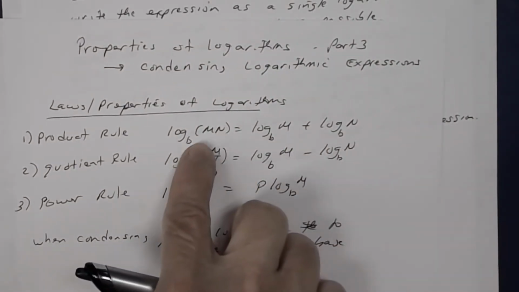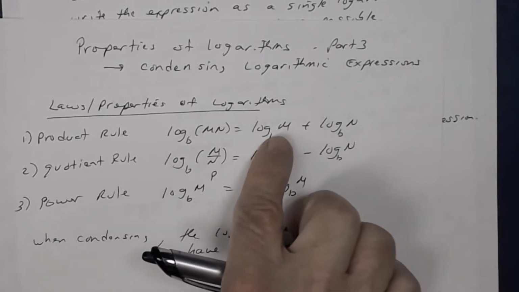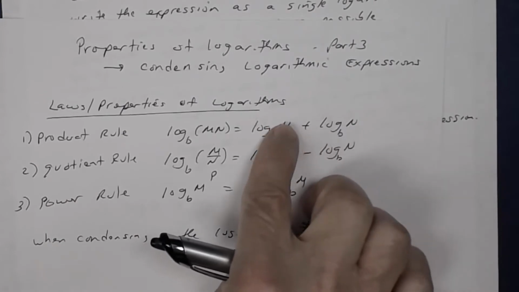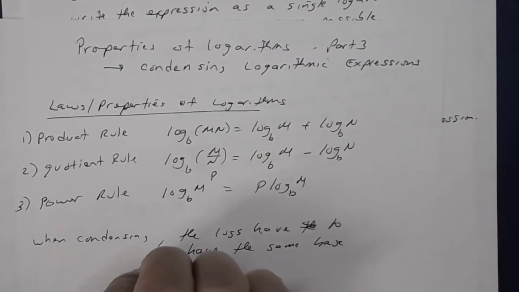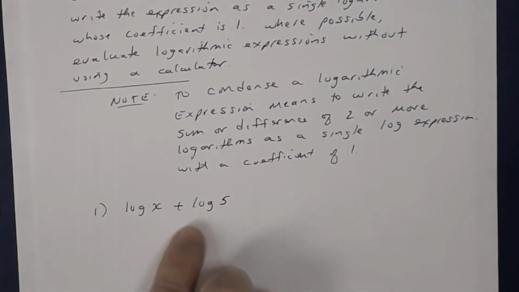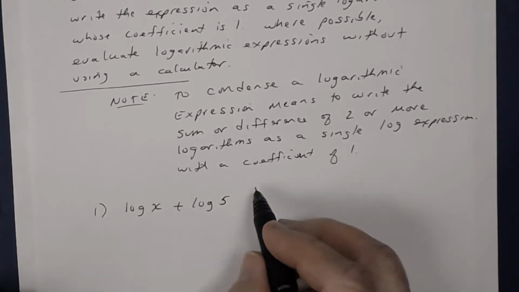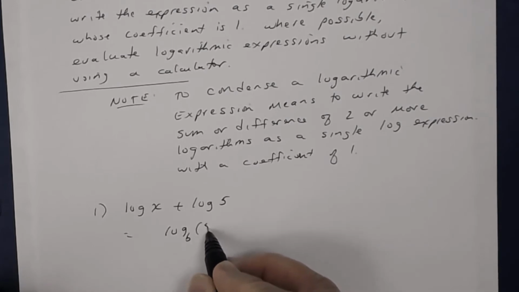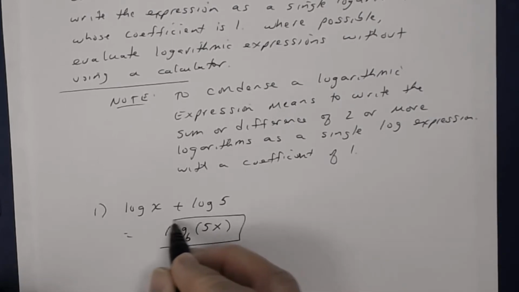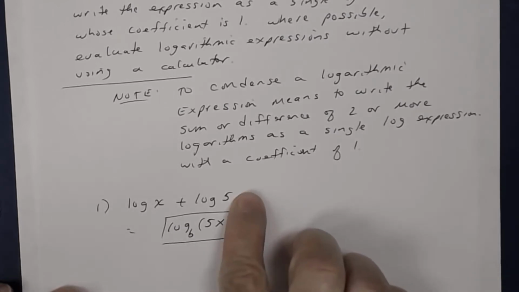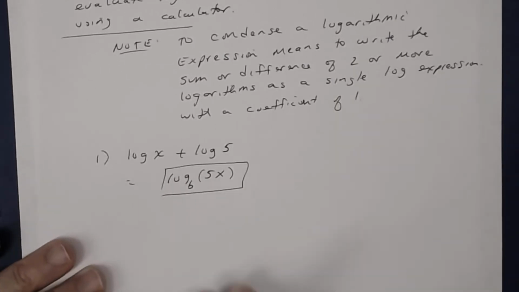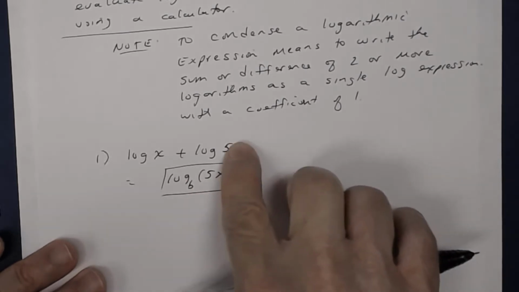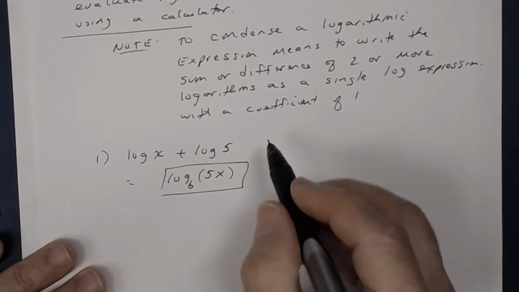That looks like a product, right? So that means that you're going to say the log base b of the product of those two arguments. So what's the argument here? x. What's the argument here? 5. So that's going to equal log base b of 5 times x. All right, it kind of makes sense because if you expanded this, you would get this back. So think about when you write as a single logarithm, if you expand it, you would get this. All right.